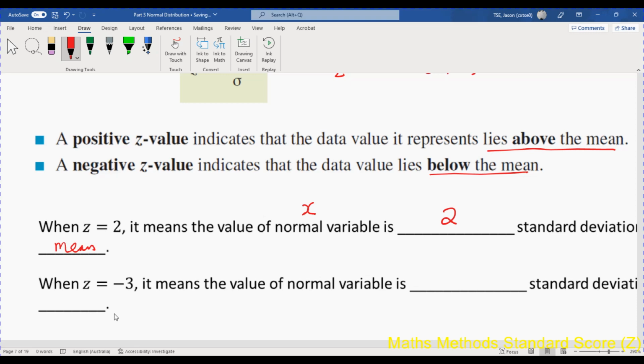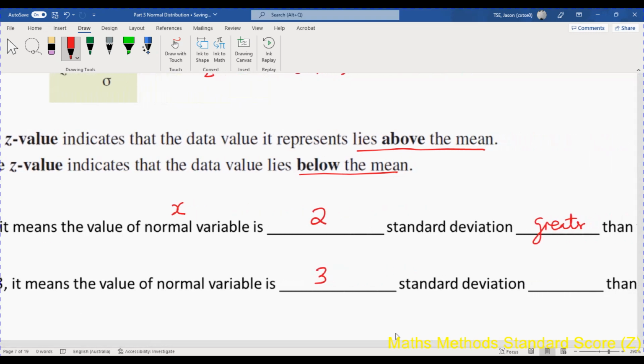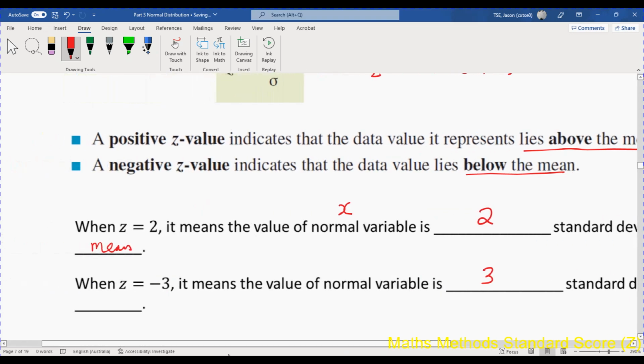But if z is minus 3, it means the value of the normal variable is 3 standard deviations lower than the mean. Right? I hope that makes sense.